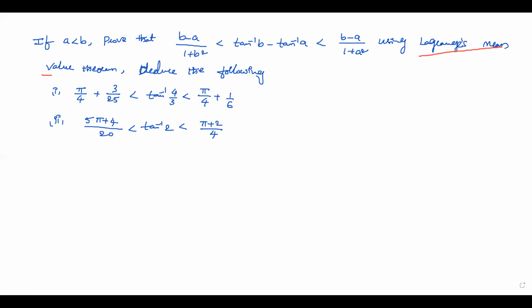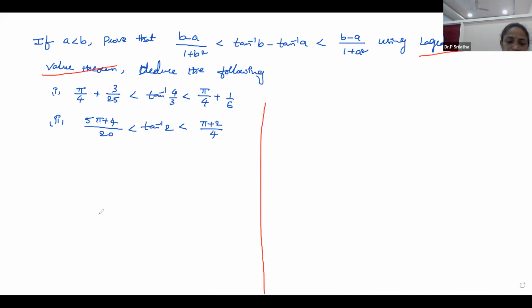So it satisfies all the conditions of Lagrange's mean value theorem: it is differentiable in the open interval a comma b, continuous in the closed interval a comma b, and C belongs to the open interval a comma b and satisfies f dash of C equal to (f of b minus f of a) divided by (b minus a), right? Because we are using Lagrange's mean value theorem, you can use those conditions. So what is our first condition?